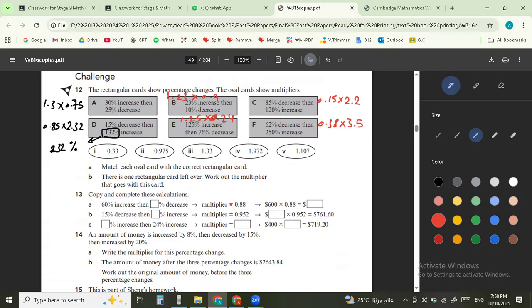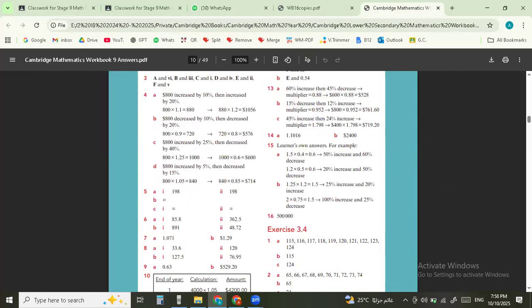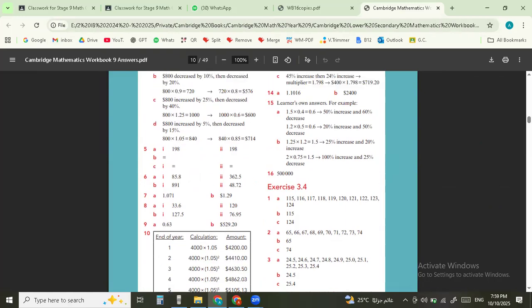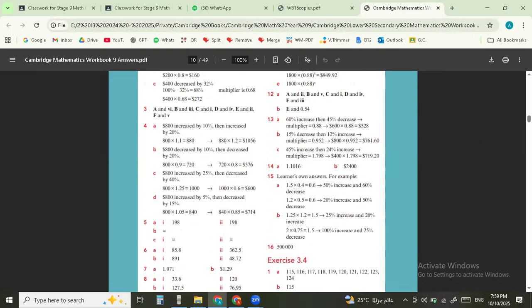They're saying there is one rectangular card left over, one that doesn't have an answer among the oval cards. Which card is it? It's very easy to find. If we go to question 12, they're saying A is with I, B is with V, C is with I, and D is with IV.